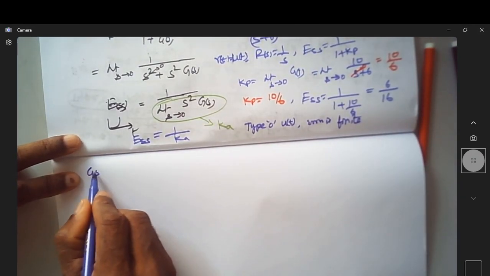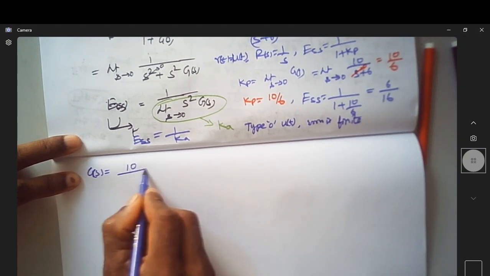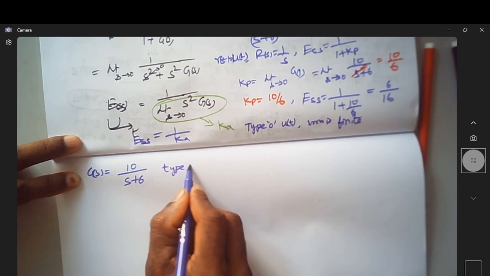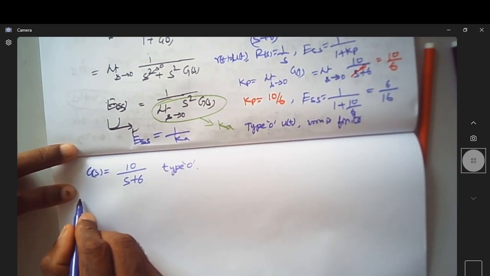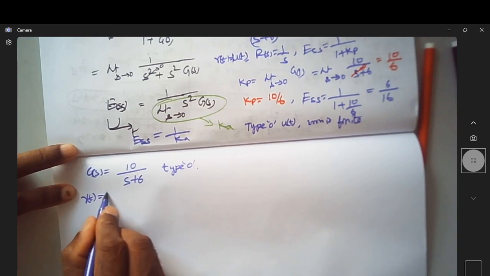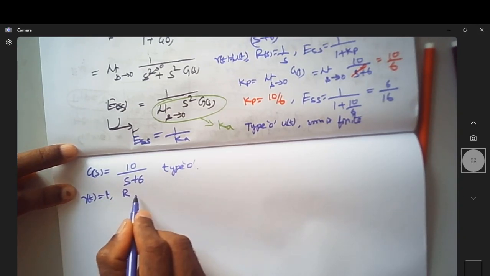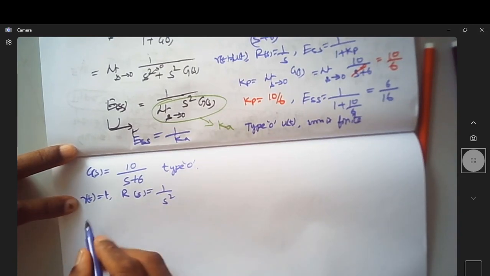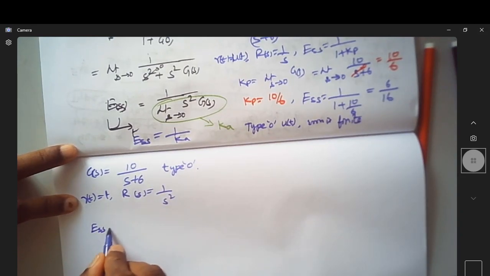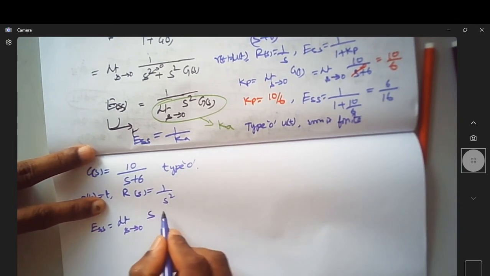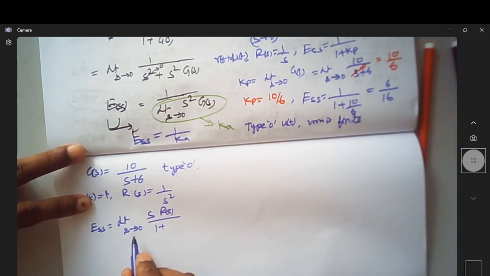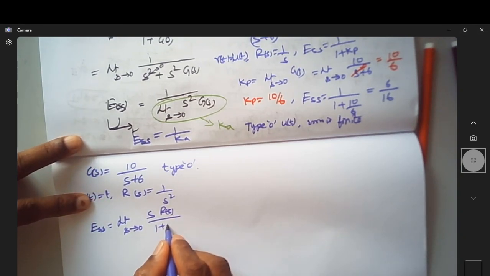So what is GFS? GFS is still 10 by s plus 6. It's a type 0 system, but consider R of t as t, which will result in R of s as 1 over s square. Let us go with ESS, which is nothing but limit of s tending to 0, s into R of s by 1 plus GFS.